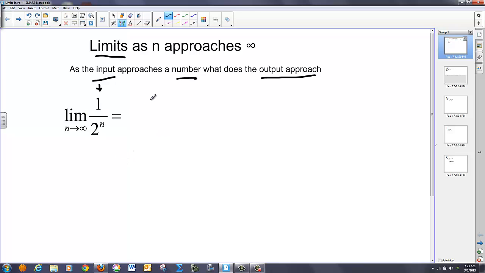Well, we can see that if I have 1 over 2 to the infinity, or 1 over a very big number, this denominator goes very big, so 1 over a very big number is going to be pretty much equal to 0. So that would be the limit in this case of this function.